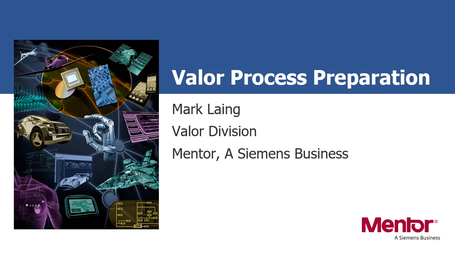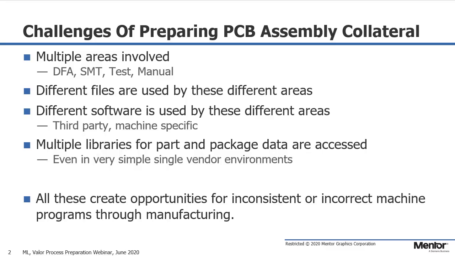I thank you for attending and will be giving you an overview of both current capability and what's coming in the next release. There are many challenges preparing PCB assembly collateral. There are different areas to consider, including design for assembly, pick and place machines, inspection machines, test machines, as well as manual placement stations, as different software can be used for these different areas that drive different files that form the starting point to each machine.